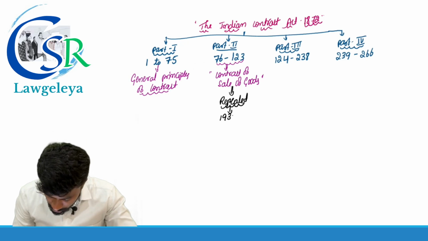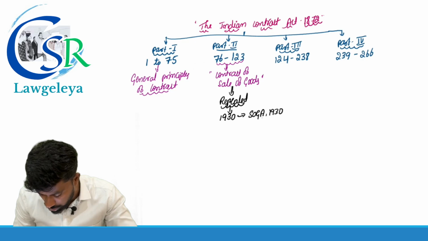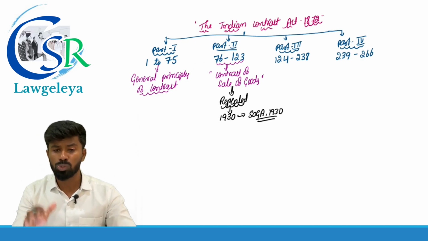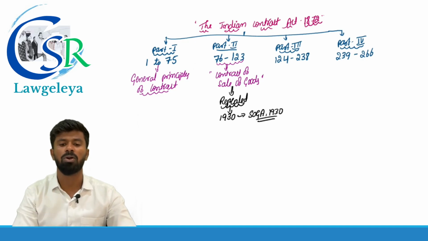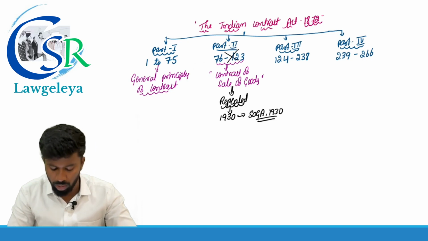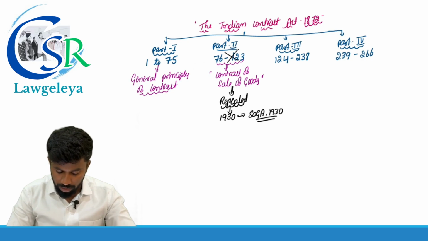In the year 1930, a separate law was made called the Sale of Goods Act 1930, SOGA. So section number 76 to 123 are no more part of the Indian Contract Act 1872.